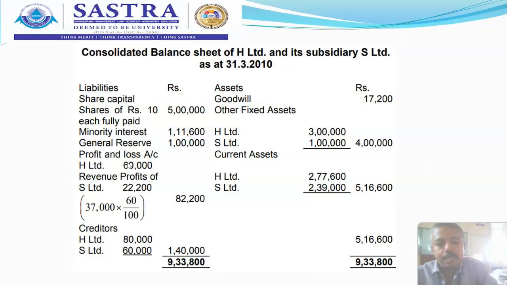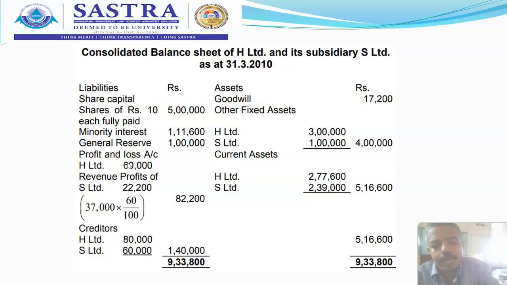On the liability side, we have to take the share capital of H Limited only, because the balance goes towards the goodwill as well as the minority interest. Minority interest is the portion of outsiders' control on the subsidiary company. For the general reserve, take both, 60,000 and 40,000. For the profit and loss account, take the current year revenue profit of H Limited as well as the current year revenue profit of S Limited only to the portion of H Limited.